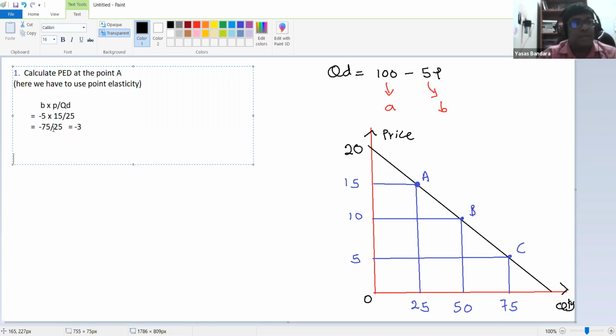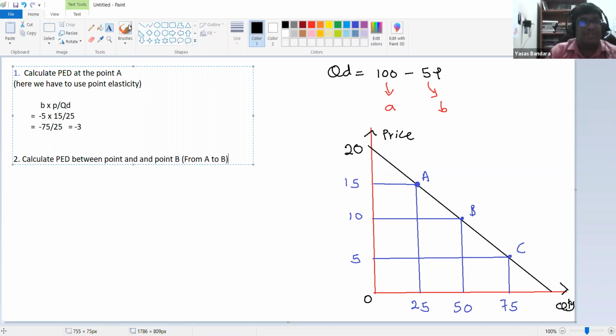However, you sometimes get a question like this. Look at this question. Calculate PED between point A and point B, or from A to B. They will give it like this, from A to B. Now in that case, you are going to use another equation, right?